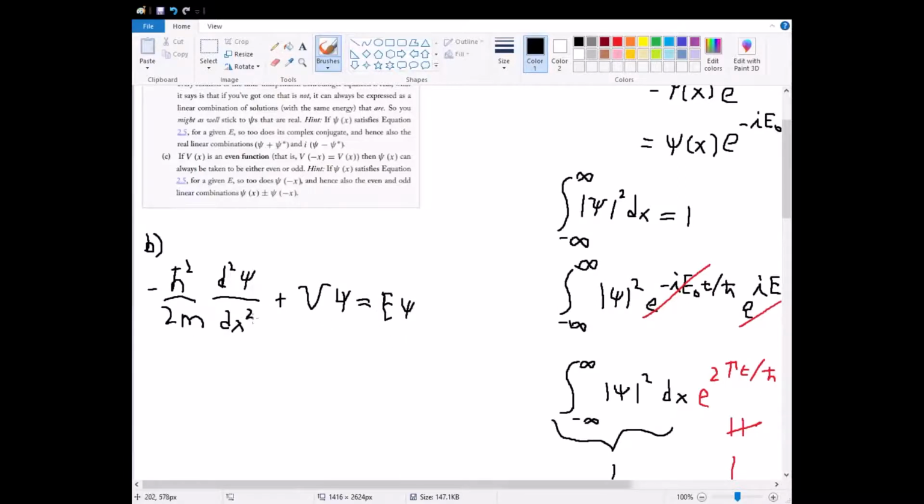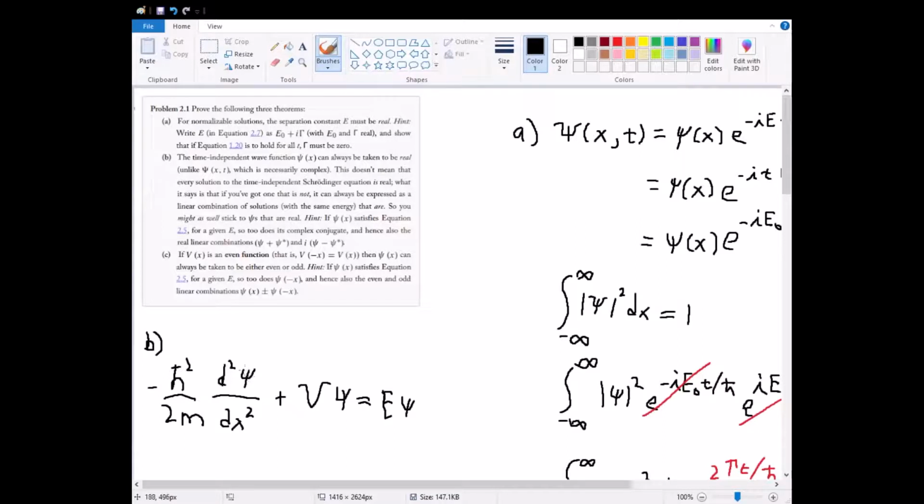So this is our time-independent wave function solution. Let's say we have a little psi that satisfies this. The hint states that if psi of x satisfies this equation, then so too does its complex conjugate.